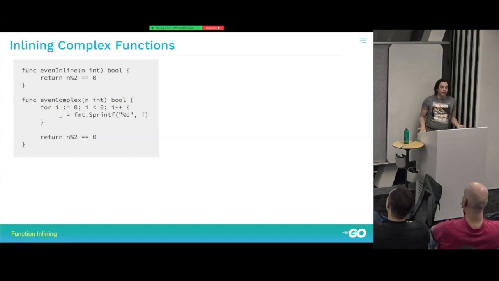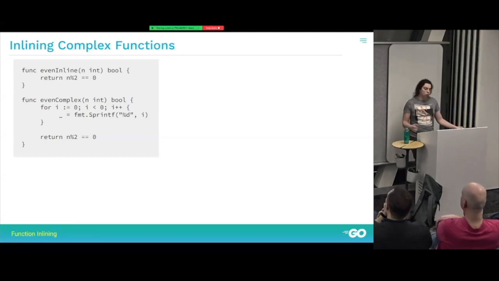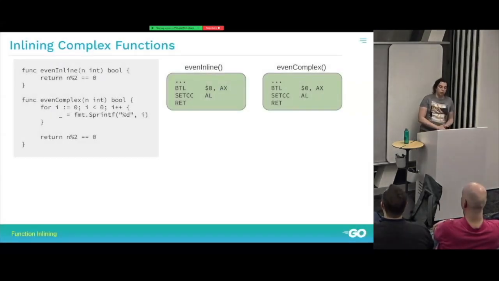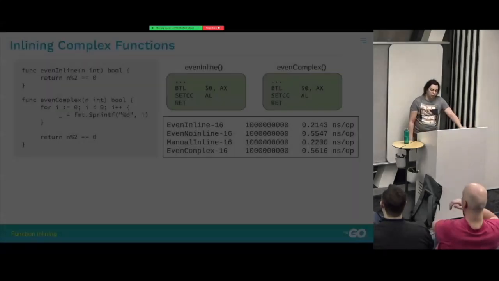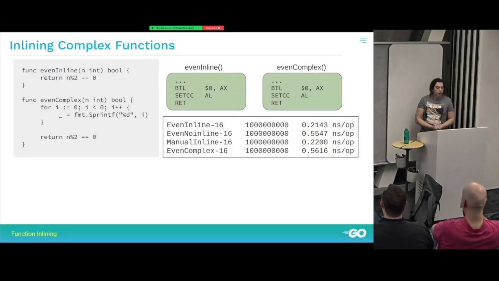The compiler will conclude that the function call will never happen. So actually, when you check the assembly code generated, it's identical, absolutely identical for the function. But when you benchmark this, you actually find out that the even complex takes the same time as the no inline function.